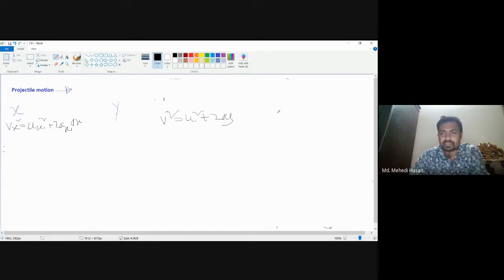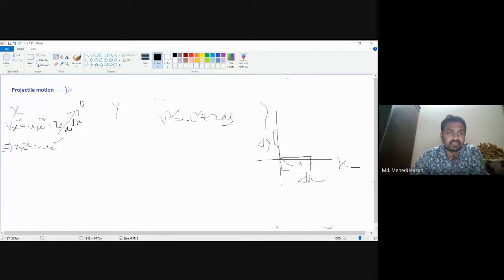Since we are going along x, look, this way is x and this way is y, so this distance we call del x, and the distance in this direction will be del y. So Vx square equal to ux square, because the acceleration is 0 along the x-axis. So that means Vx equal to ux.